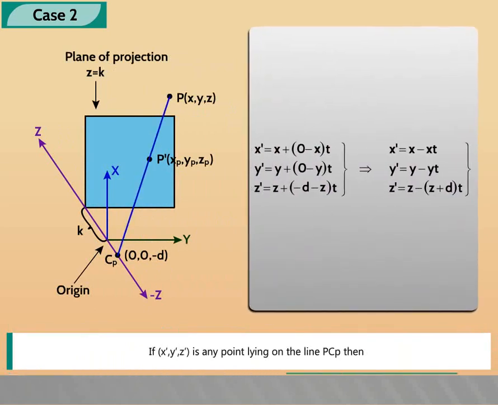If x dash, y dash, z dash is any point lying on the line PCP, then x dash is equal to x plus 0 minus x into t, y dash is equal to y plus 0 minus y into t, z dash is equal to z plus minus d minus z into t, which implies x dash is equal to x minus xt, y dash is equal to y minus yt, z dash is equal to z minus z plus d into t.